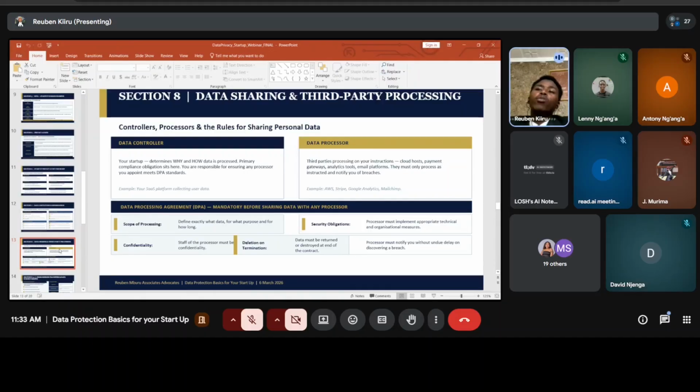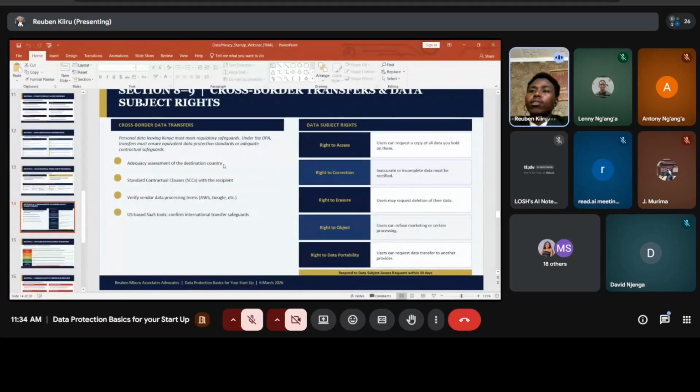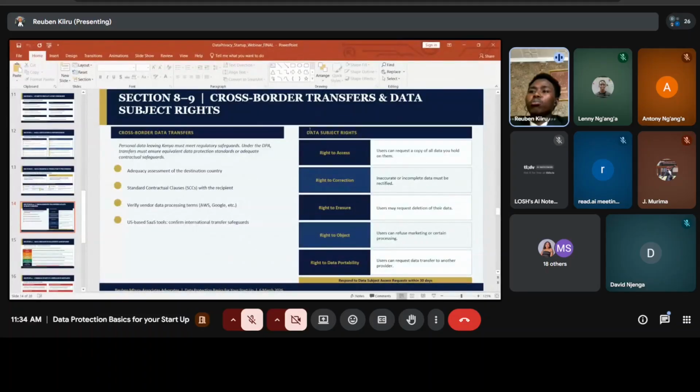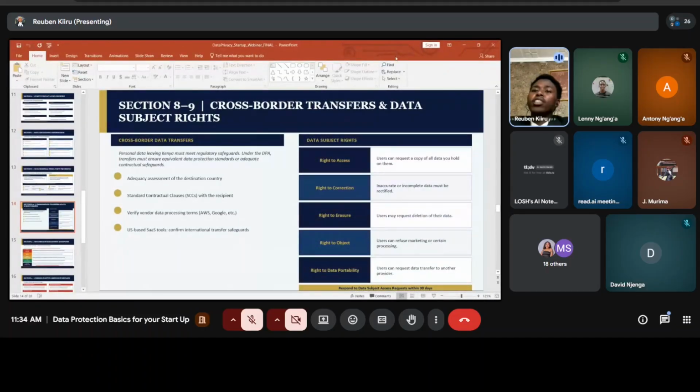So now you need to be very aware of the third parties that are using your data, how they are processing the data, what is the scope of confidentiality, and the aspects of deletion, and all of those elements. Now, we also have cross-border transfers of data. Sometimes data transits borders.